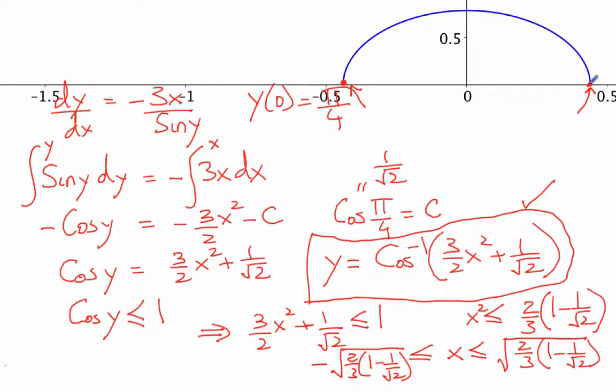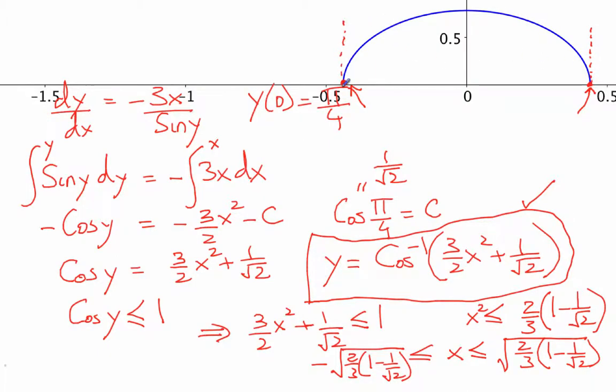At this very end point, cosine of y is 1, and therefore sine of y is 0. And so you can see that dy by dx will then be 1 over 0, or some number over 0, and that's infinity.